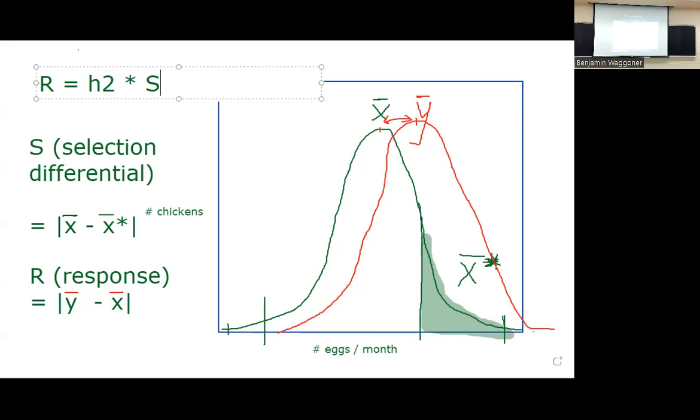And because you get a large response, you get a lot of chickens that are laying more eggs than they would have if you hadn't done it. So the breeder's equation is what breeders will use to try to tell them if a selective breeding program is likely to have a useful effect. Okay, everybody got that?